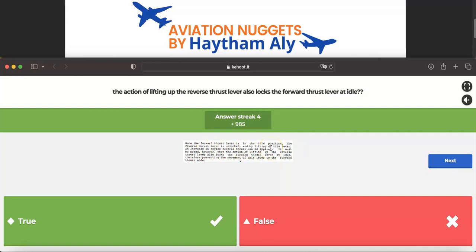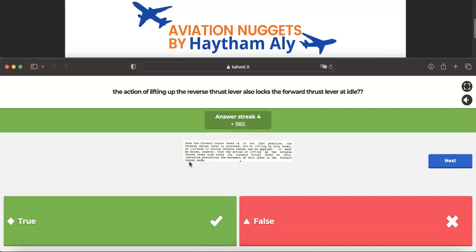Yes, you can take the engines first to a reverse idle and allow the thrust reverser blocker doors or translating sleeve to be fully deployed first. Then you can take it to a maximum reverse and increase the engine thrust. So it must be noted, however, that the action of lifting up the reverse thrust lever also locks the forward thrust lever at idle, therefore preventing the movement of this lever to the forward thrust mode.